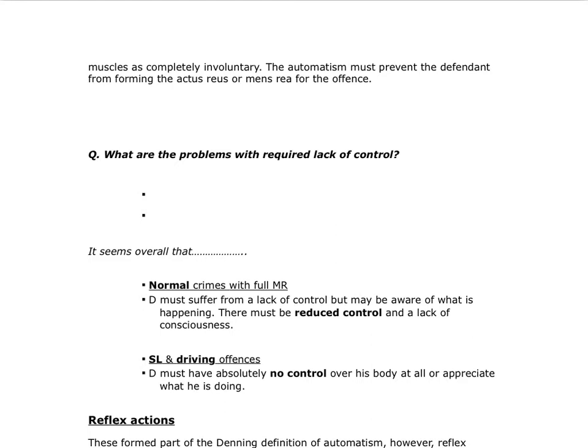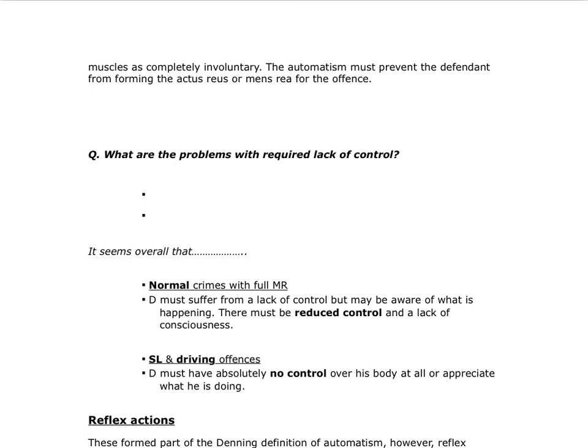The problem is, of course, what do we mean by a lack of control? Complete control, reduced control, and to what degree? So this is something that's been problematic for the courts. So what are the problems with the required lack of control?